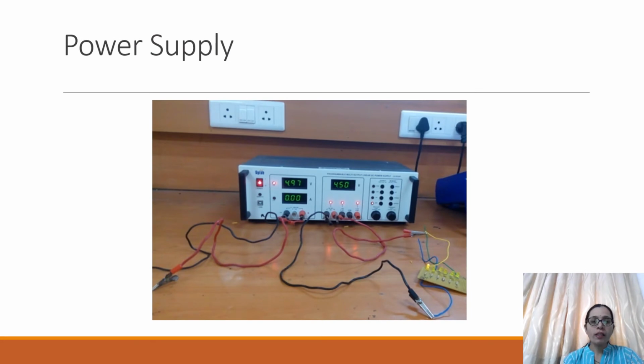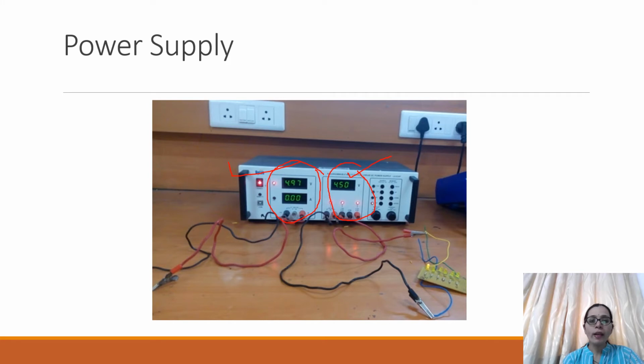First we will see the power supply. To enable any IC, two supplies are a must, that is one is VCC and one is ground. The figure I have shown is an APLAB power supply, which has dual windows. One window is a fixed power supply and the other is a variable power supply.